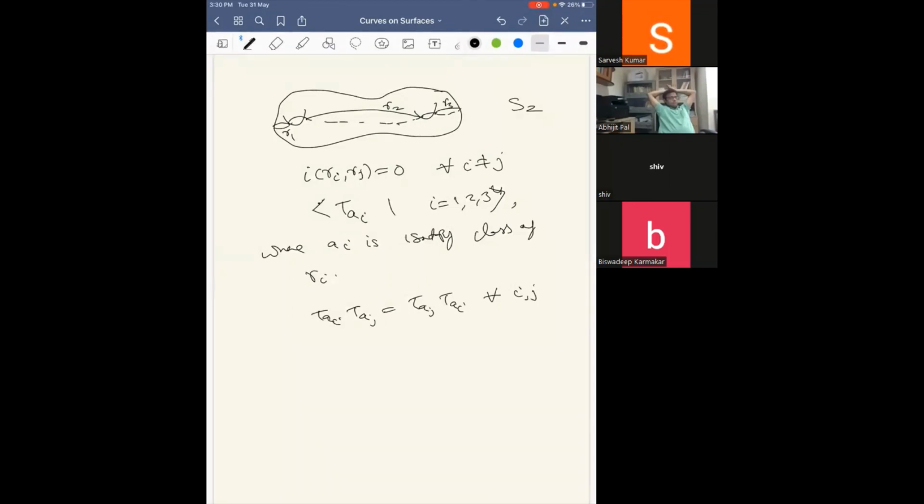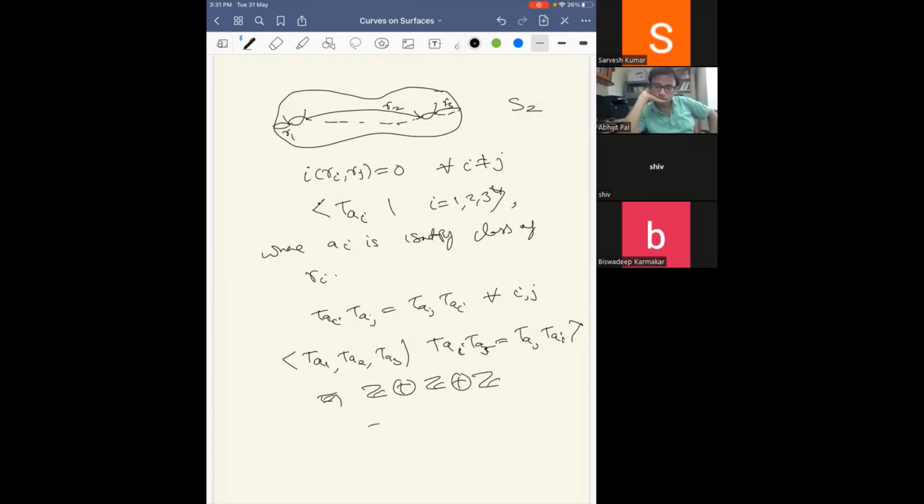So what you get is a presentation: the group generated by T_{A_1}, T_{A_2}, T_{A_3}, such that T_{A_i} T_{A_j} is the same as T_{A_j} T_{A_i}. This is isomorphic to Z plus Z plus Z, or you call it Z^3.